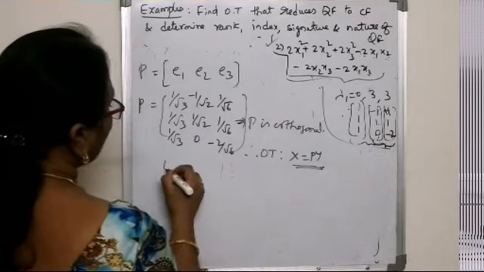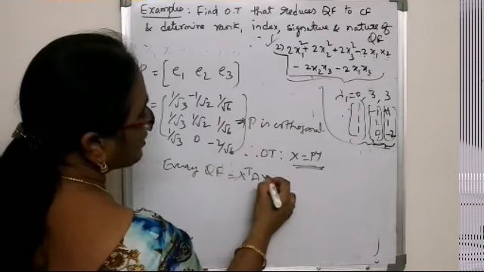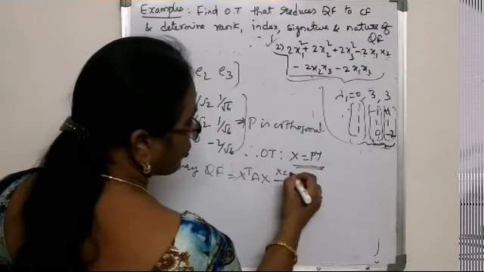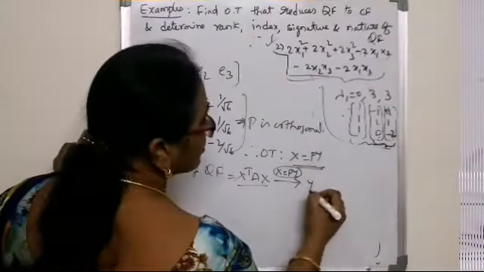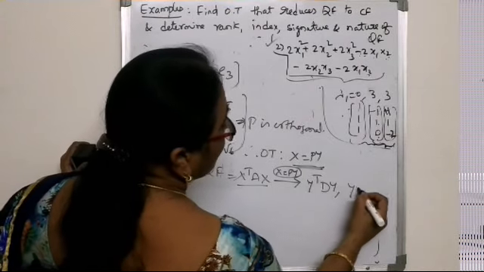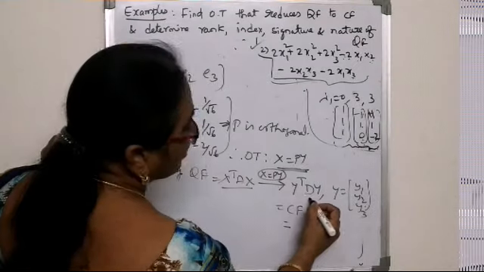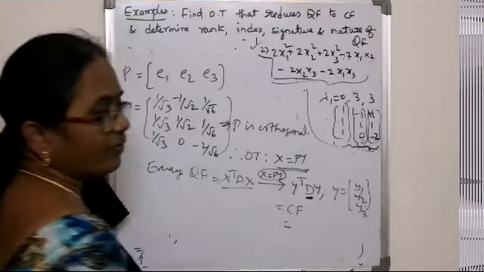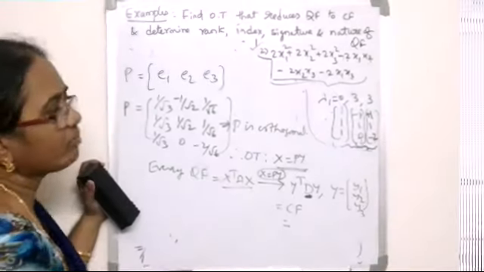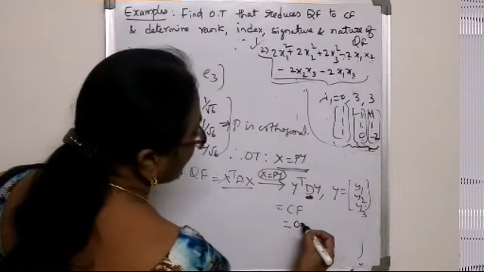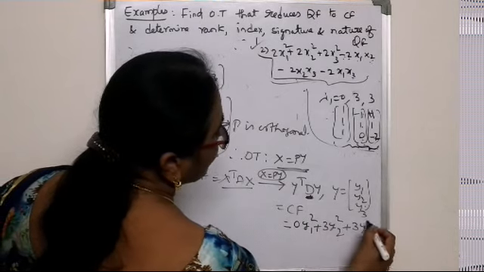And using this orthogonal transformation, every quadratic form x transpose Ax always reduces, when we apply x equal to Py, to y transpose Dy, where y is the column of variables and the coefficients are the diagonal elements of D. The elements of this D are the eigenvalues of the matrix of the quadratic form, which are 0, 3, 3. So we write here 0 into y1 square plus 3 into y2 square plus 3 into y3 square.